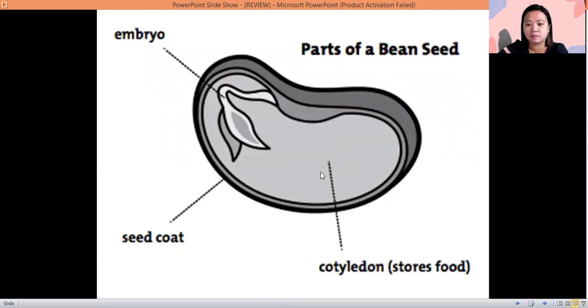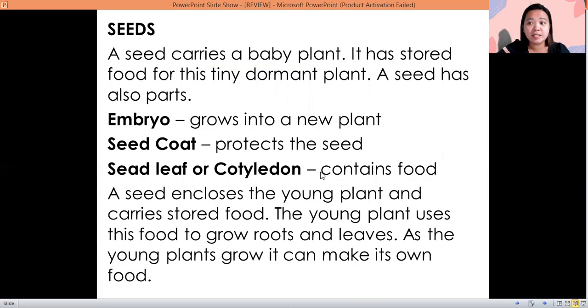Again, it is the same with the flower, seed, and leaves: you are going to remember the parts of the seeds, seed coat, and seed leaf or cotyledon. The seeds are the ones carrying a baby plant.